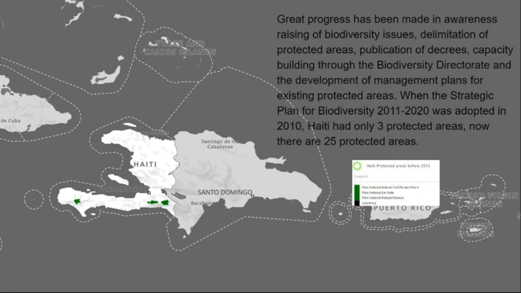When the strategic plan for biodiversity 2011-2020 was adopted in 2010, Haiti had only 3 protected areas. Now there are 25 protected areas in Haiti. Next.